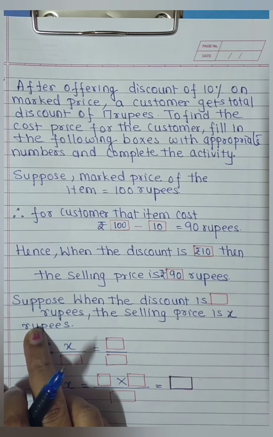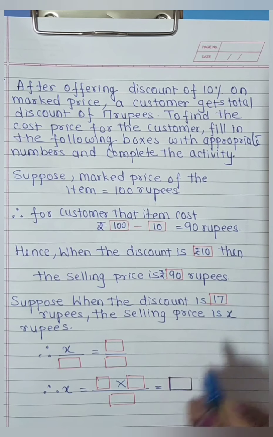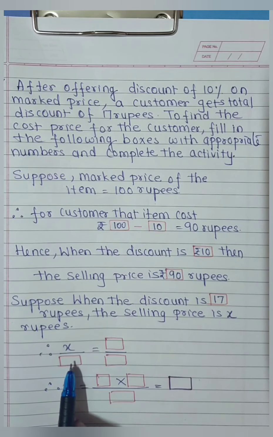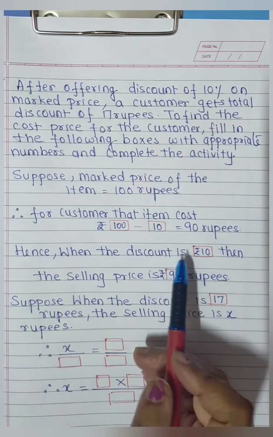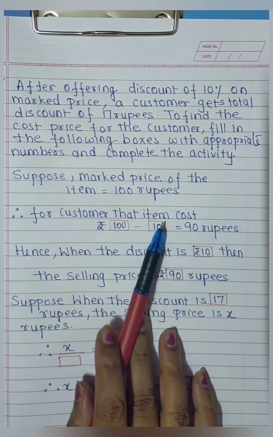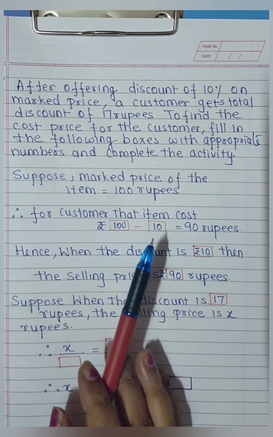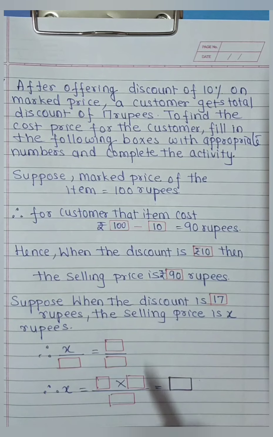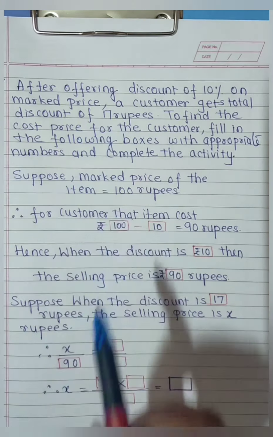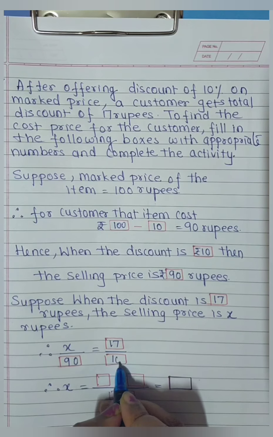So we'll take what is given, 17 rupees, so 17 will go here. Now in the place of X we put X upon 90. Suppose the market price of item is 100 rupees. For the customer, that item cost is 90 rupees here, so 90 will come this side. Now what we have, 17 rupees discount, 17 here upon 10.